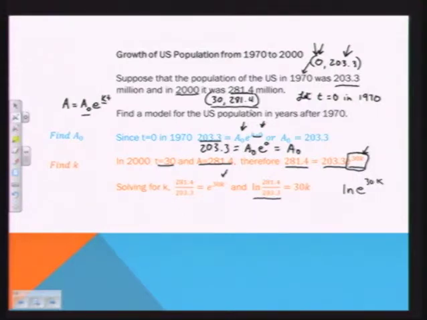But if you recall, the natural log of e to any exponent is simply the exponent. So the natural log of e to the 30k becomes simply 30k. And now we can easily solve for k by dividing both sides by 30, or multiplying both sides by 1 over 30. Now, let's put this in our calculator so that you can see how I came up with the number 0.0108 before we talk about what that means.